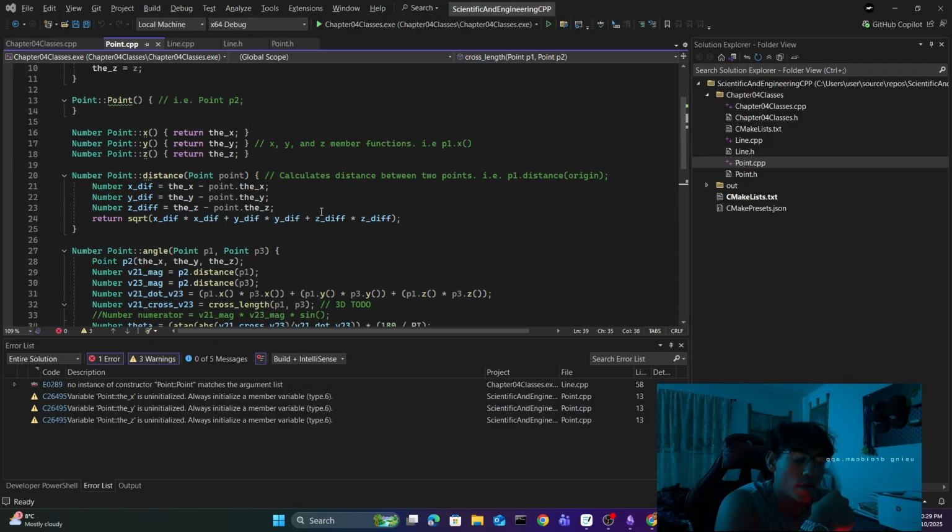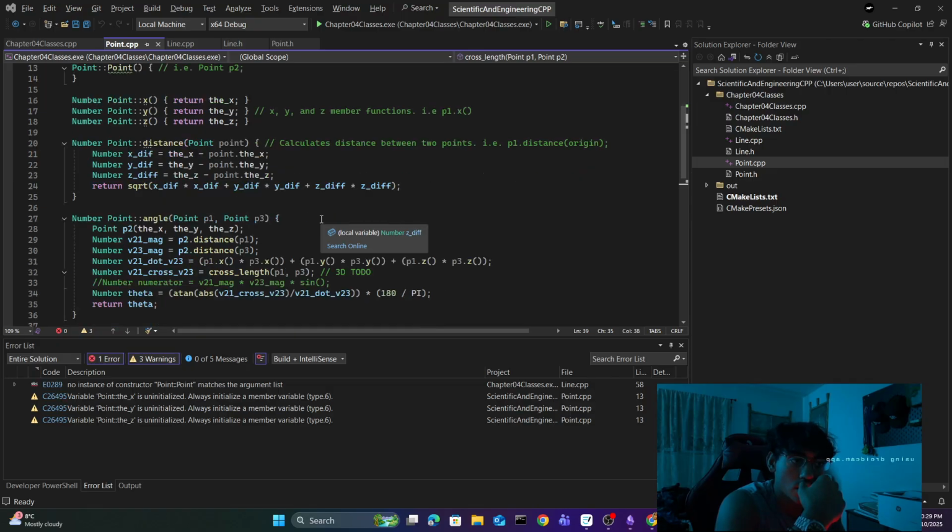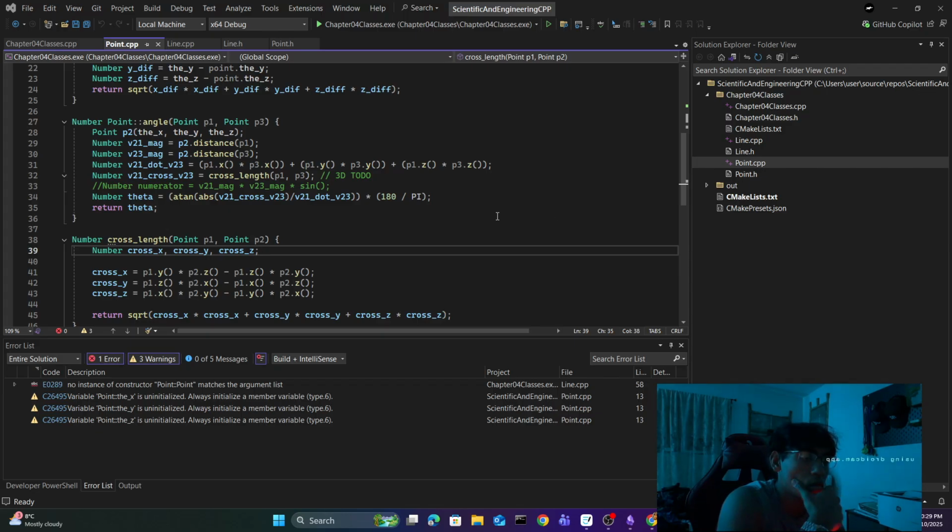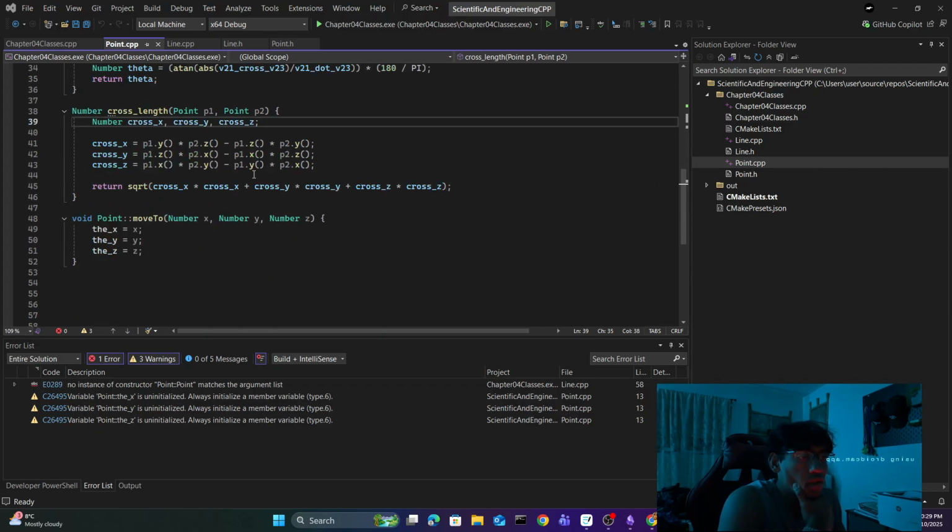Can I use the point class to make a direction vector?